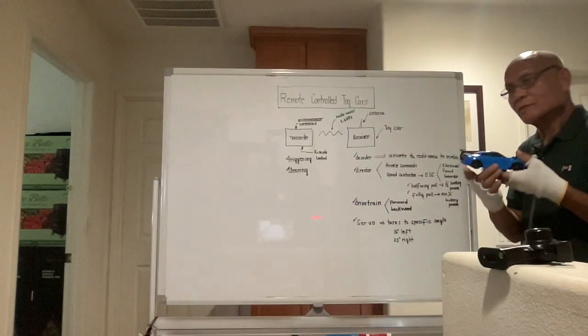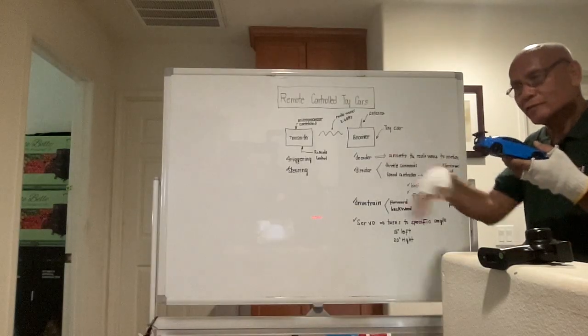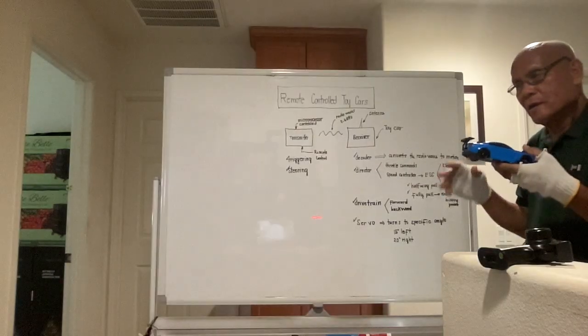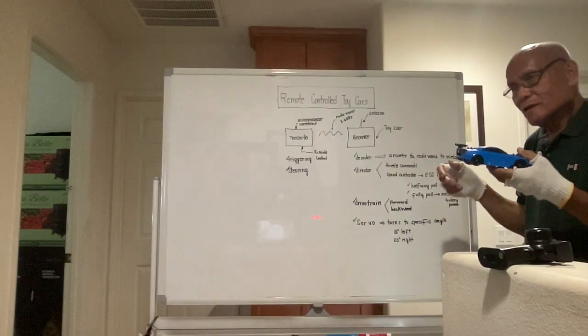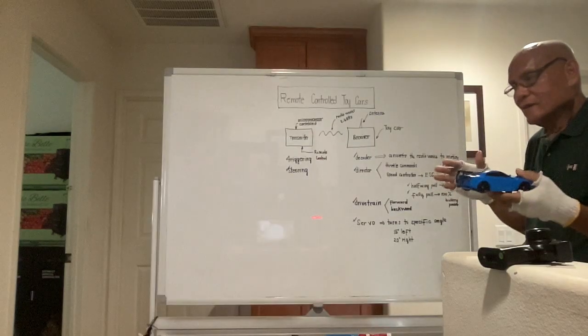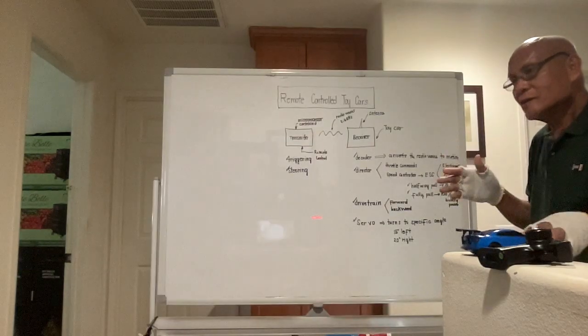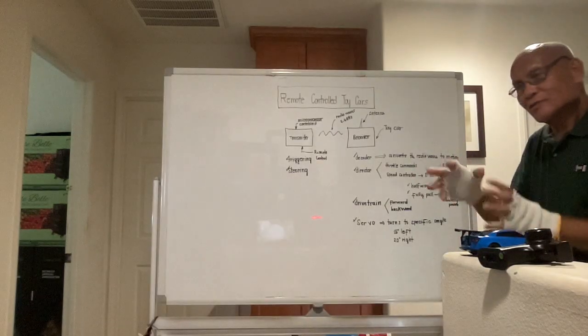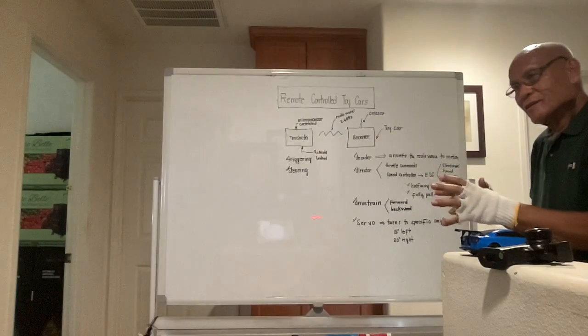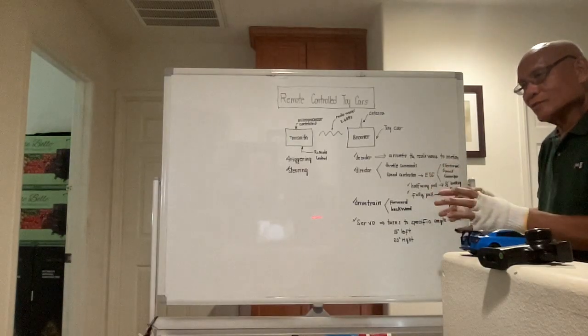It's not a motor that continuously runs to rotate clockwise or counterclockwise. It's a motor which, if it receives a signal, will just turn maybe 15 degrees to the left, 20 degrees to the right. So it's not a continuous rotation.